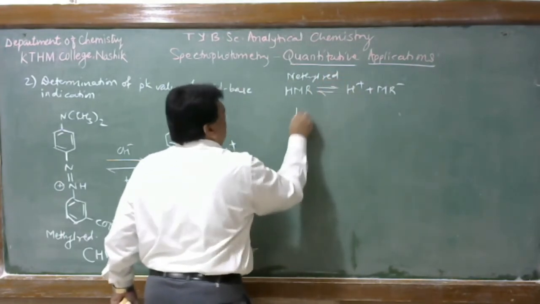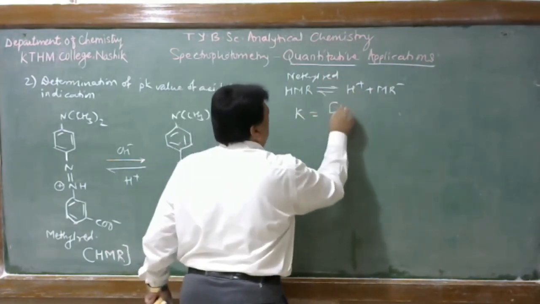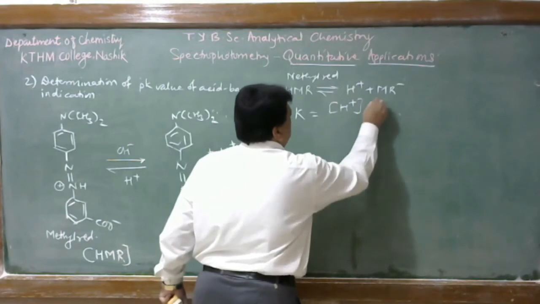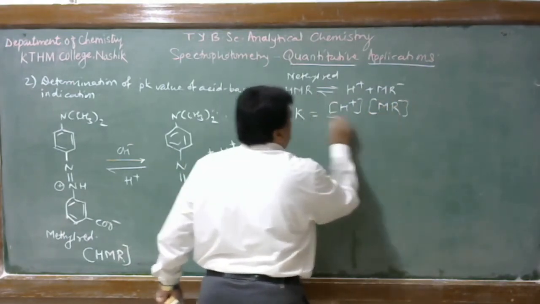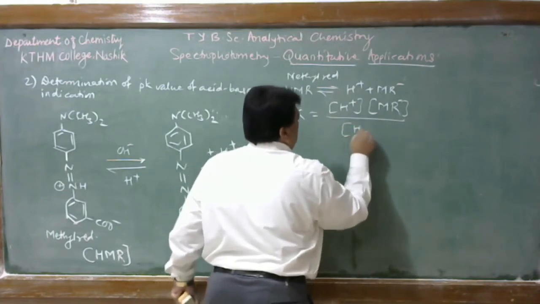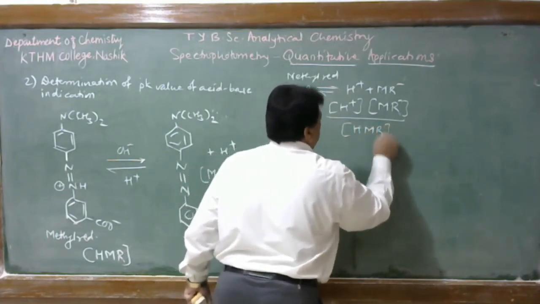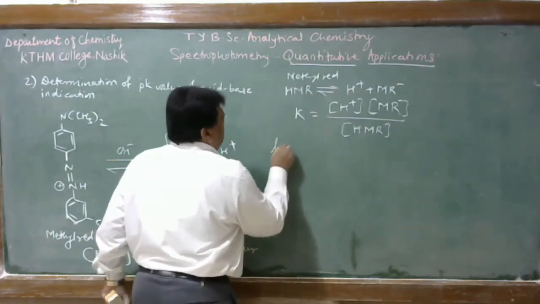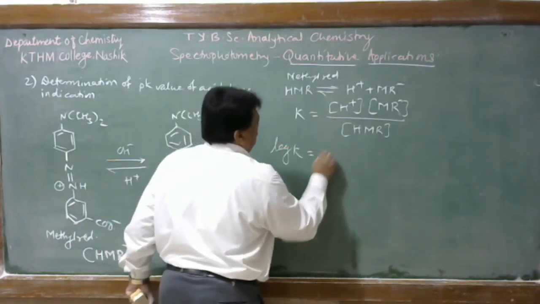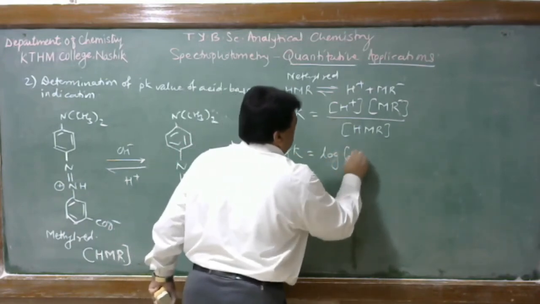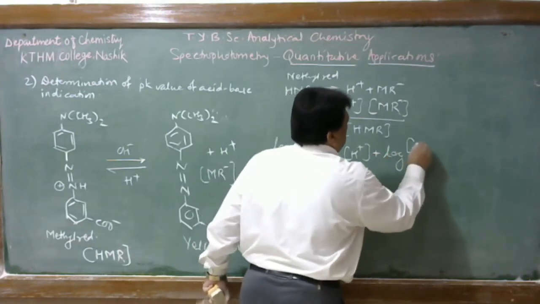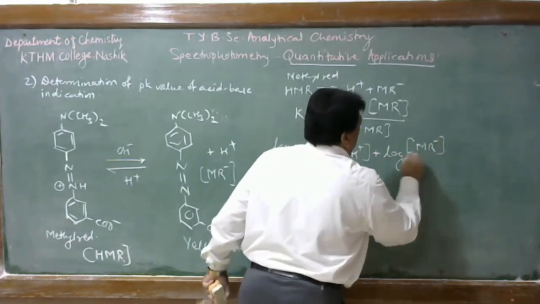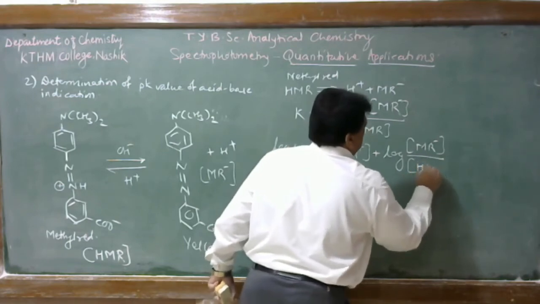We can apply the law of mass action and find the equilibrium constant for this reaction as the concentration of H plus times the concentration of Mr minus upon the concentration of HMr. In this case, when we take the log, log K is equal to log of H plus ion plus log of Mr minus upon HMr.